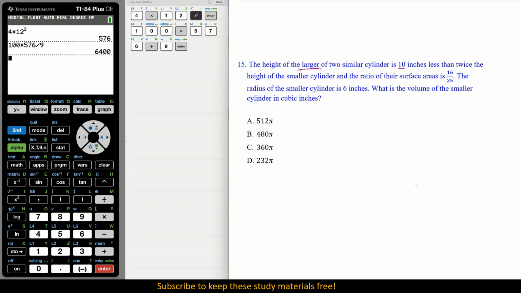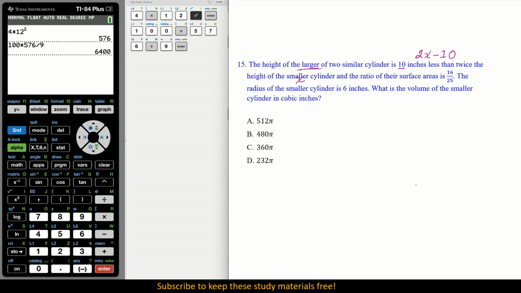Oh, wait a minute. 10 inches less than twice the height of the smaller. So what is that going to be? 2 times the smaller height minus 10. We've done some of these in other videos, so we already know that setup. And then of the smaller, and then we already know that we're calling that height x, okay?